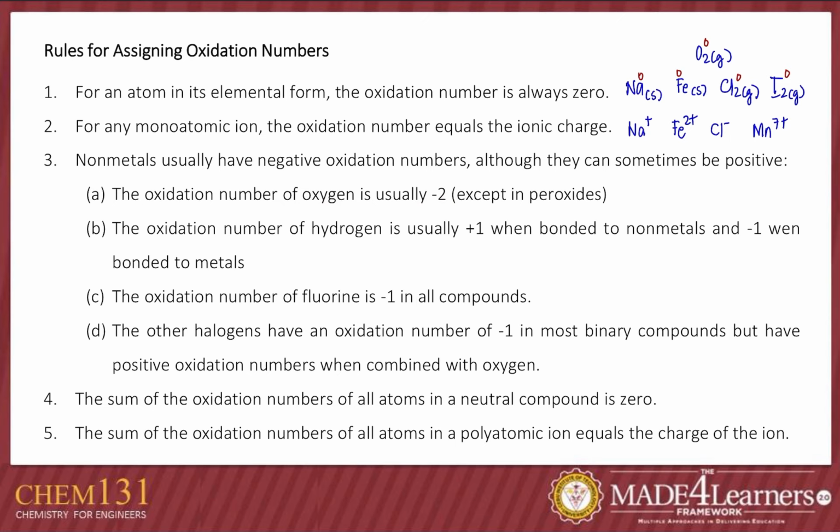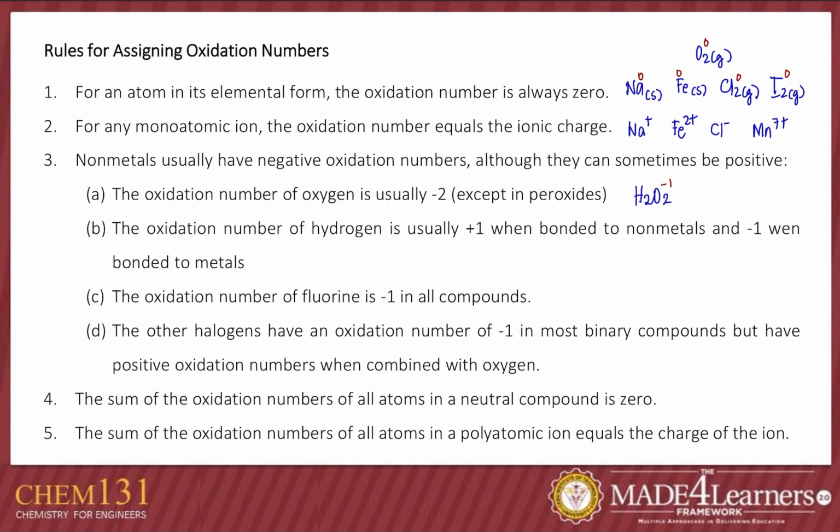For example, peroxide H2O2, that is a peroxide. And in the case here, the oxidation number of oxygen is negative 1. Okay, for oxygen. The oxidation number of hydrogen is usually positive 1 when bonded to nonmetals, and negative 1 when bonded to metals.